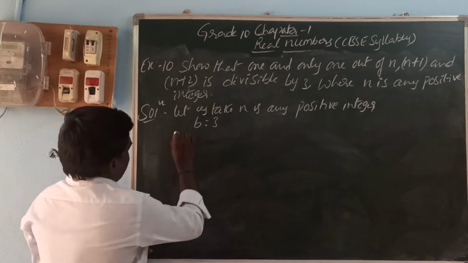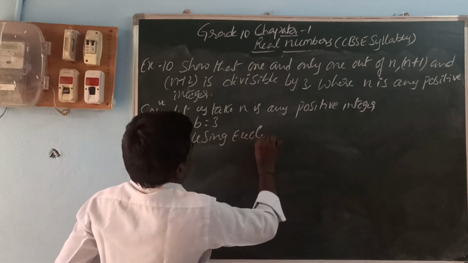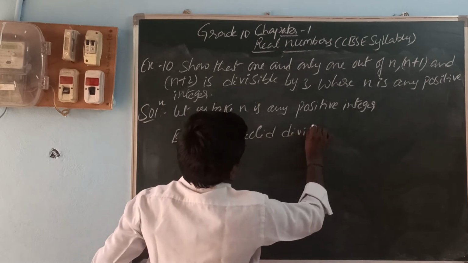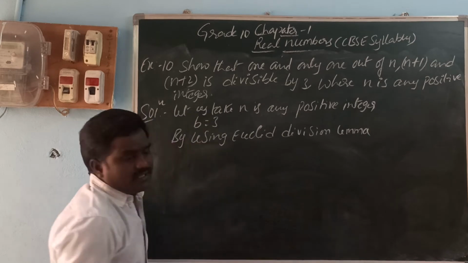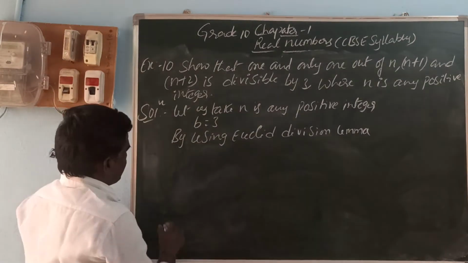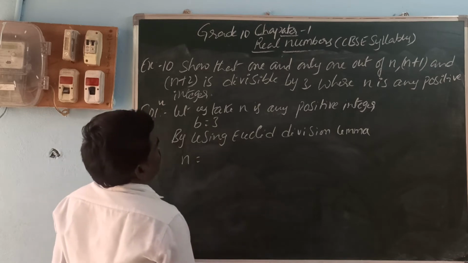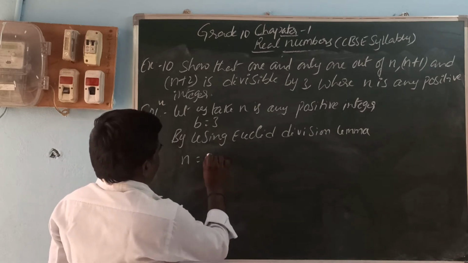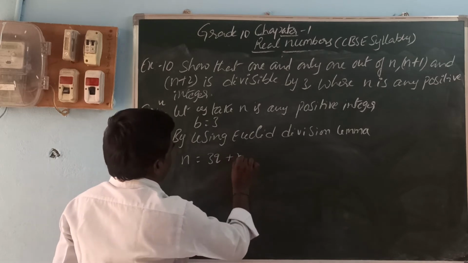By using Euclid's division lemma, n is equal to divisor 3 times the quotient, which we don't know, so let us say the quotient is q, plus r.